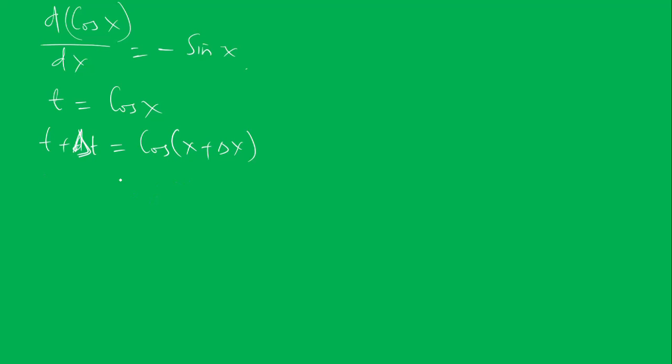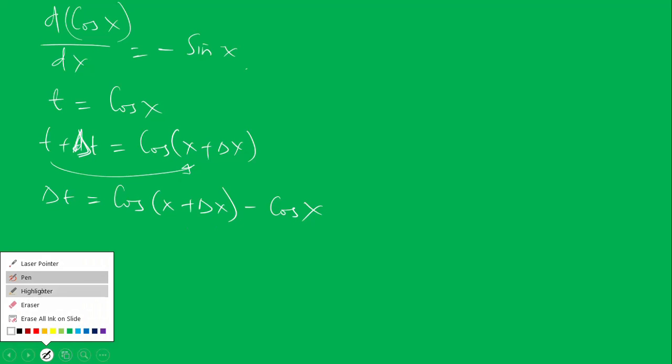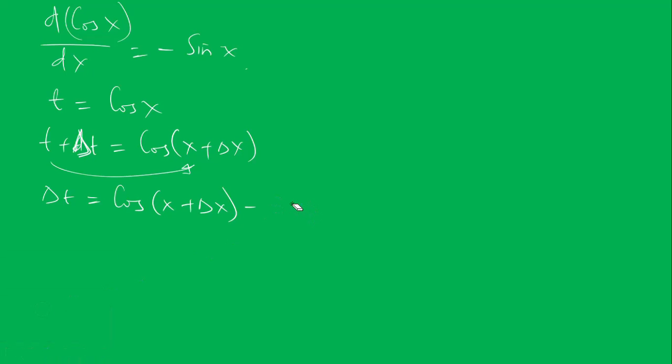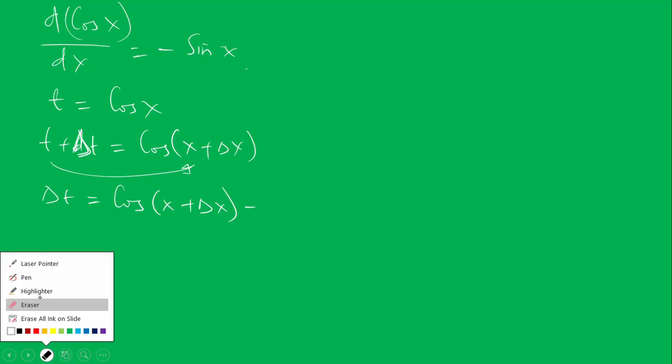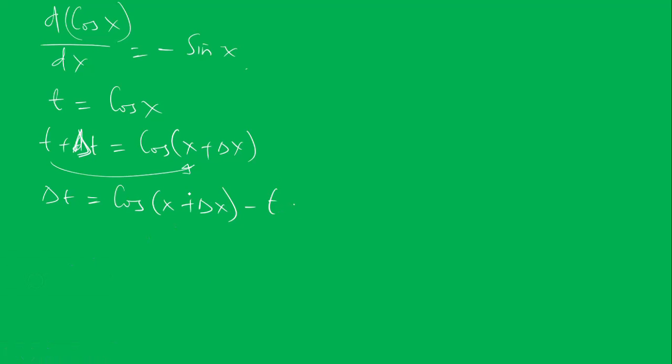Now if you move this t to the other side, you have delta t is equal to cos of x plus delta x minus t.